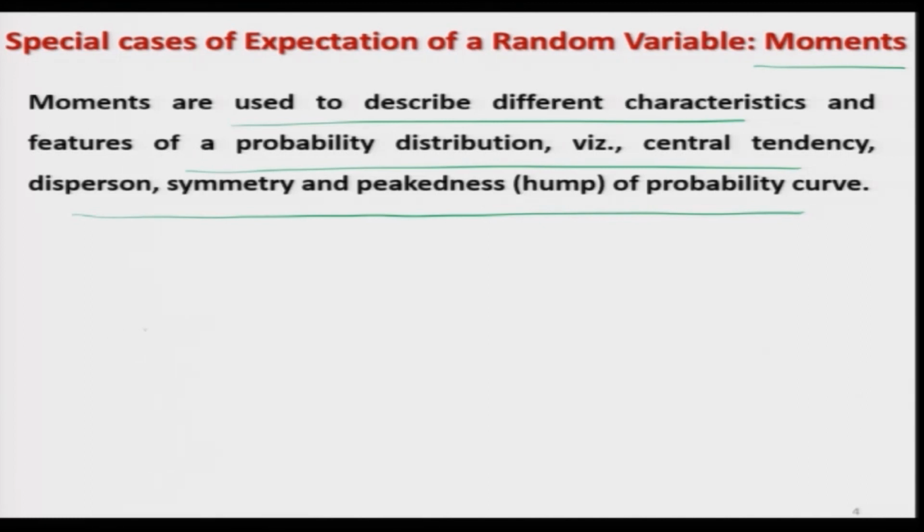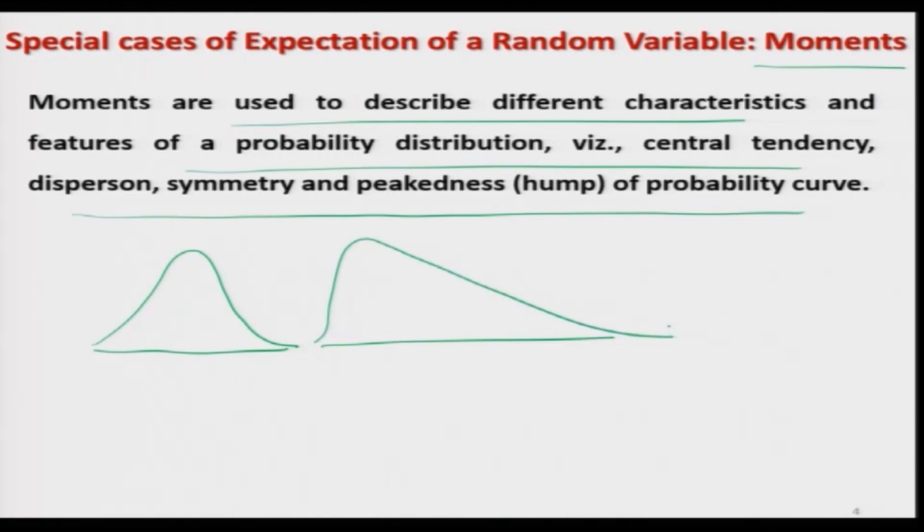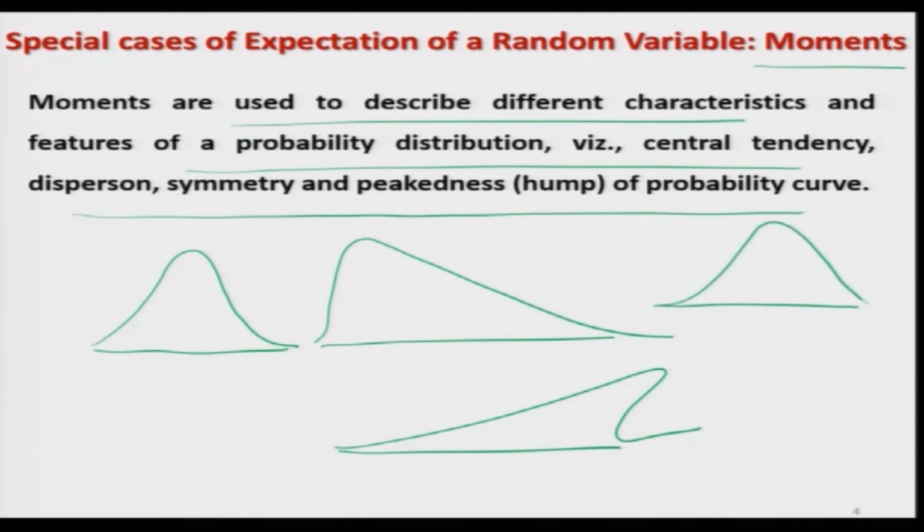For example, the data may have this type of curve, or this type of curve, something like this. Even if you take a symmetric curve over here, this is symmetric and this is also symmetric.